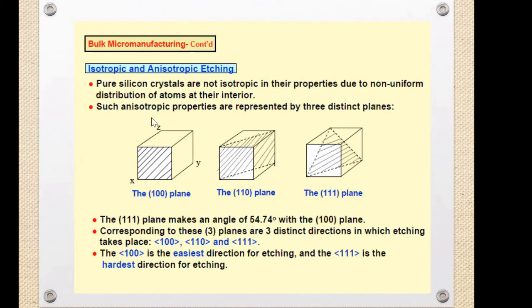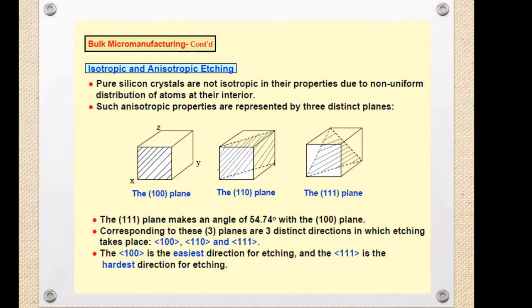So these are the three different types of crystal orientation, and what effect does the orientation have? The three different orientations have three different properties. Like hardness changes here, okay. The most common are the 100, 110 and 111 planes.